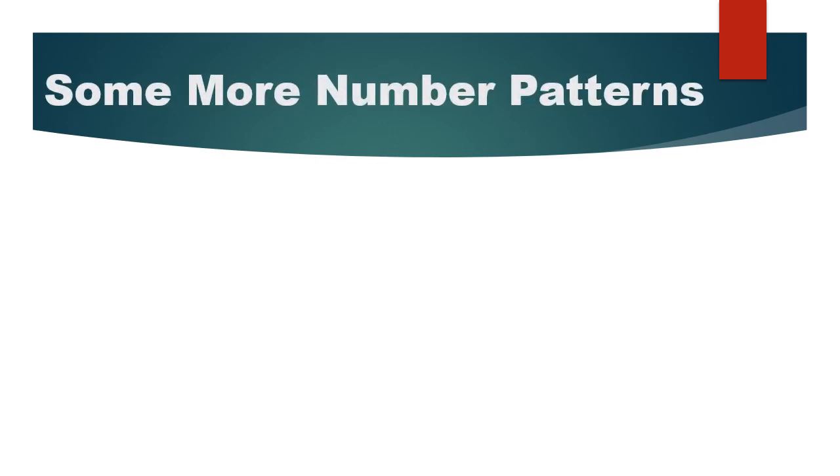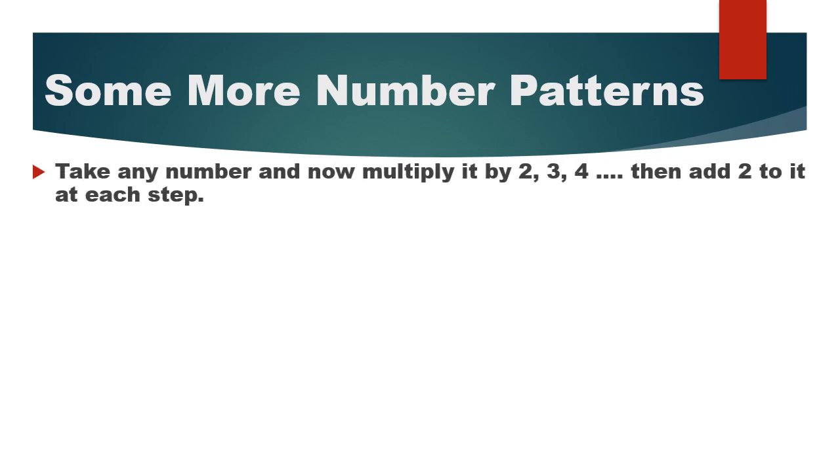Now children, let us go through some more number patterns. Here you can take any number. Now multiply it by 2, 3, 4 and so on. Then add 2 to it at each step. You can see here, I have taken the number 7.